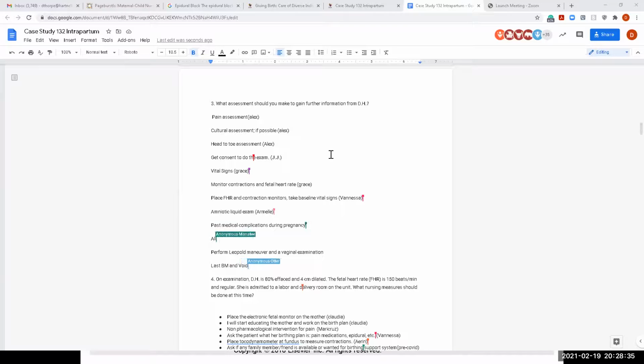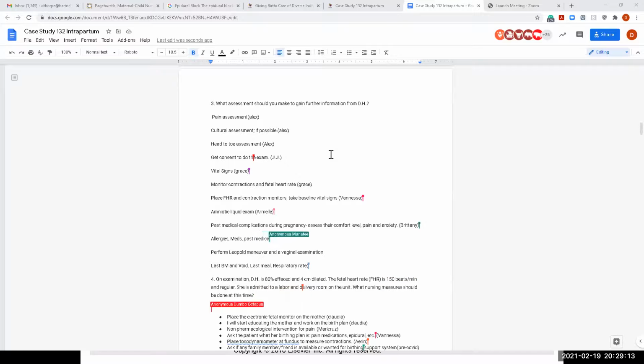I know people are putting consent to do the exam. Yes, of course you verbally say, I'm going to go ahead and do a vag exam, is that okay? You always do that. There is a certain point, though, that when they come into the hospital, they sign a consent that is kind of a global consent to cover you if this mom is out of control and you can't get her to acknowledge anything, but you know you have to do an exam.